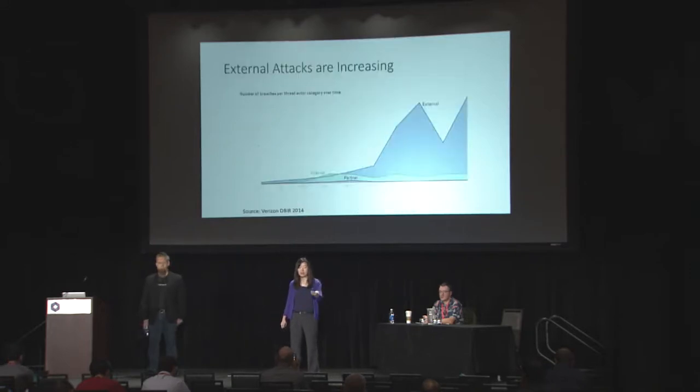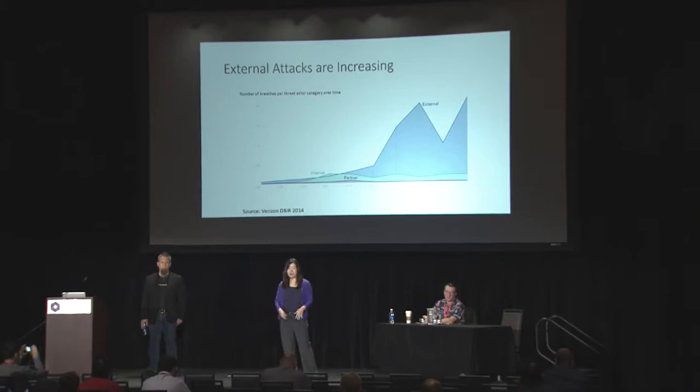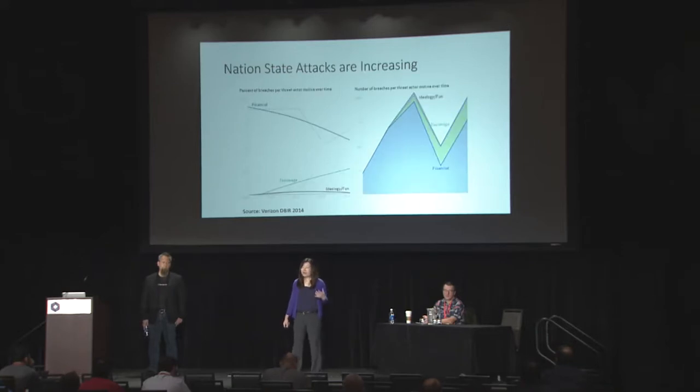So we all know external attacks are increasing, right? We have your insider threat issues that go on, sure, but then the bulk of the attacks are going to be from external to the network. And on the other side of it, nation-state attacks are also increasing, right?